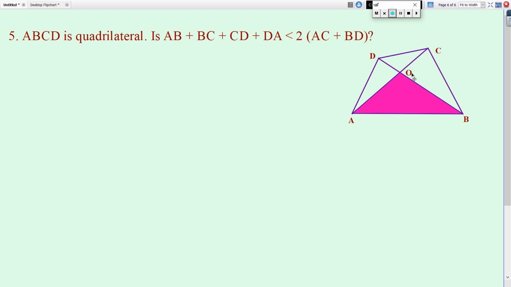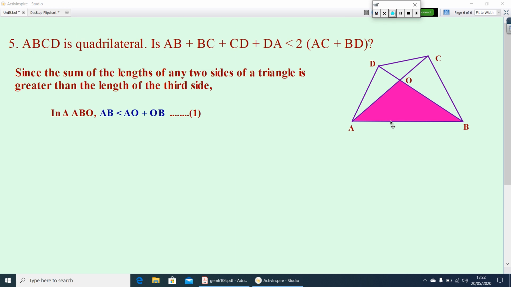Consider triangle AOB. Here in triangle ABO, OA plus OB is greater than AB, or we can write AB less than AO plus OB.